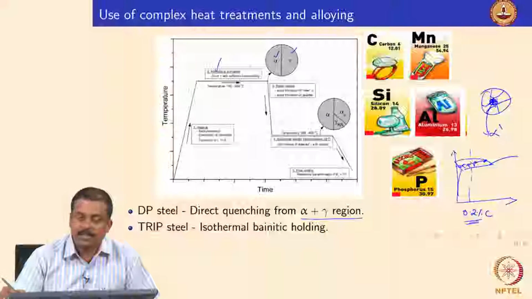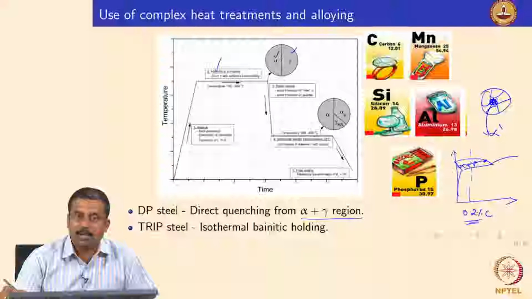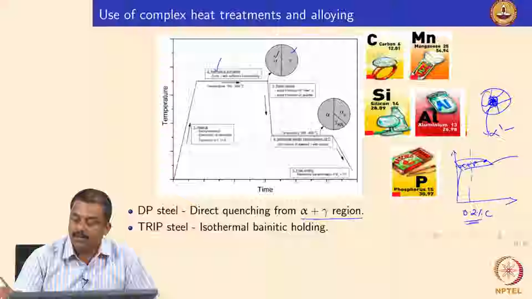During this process you will have a martensitic and ferritic mixture of microstructure, and when the austenite transforms to martensite, you will have a volume expansion. This volume expansion has to be accommodated by generating mobile dislocations at the interface between the ferrite and the martensite.